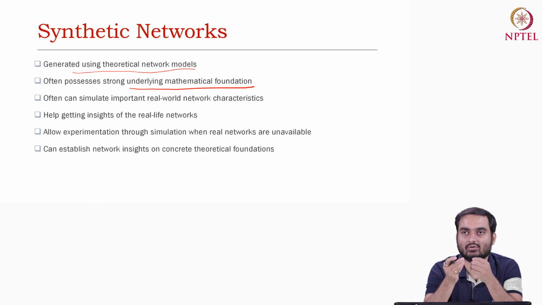For example, if we know that when a node comes into the system, it is going to be connected with a node of highest degree, for example, and if we know that this process is followed when a real world network grows, we can mimic the same process to create a synthetic network.